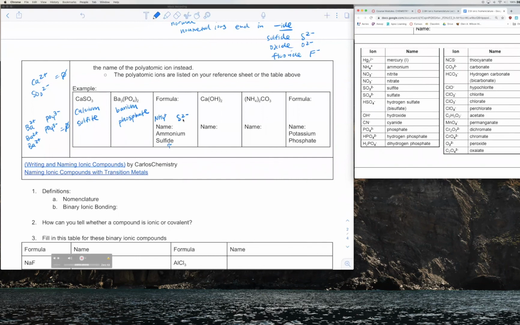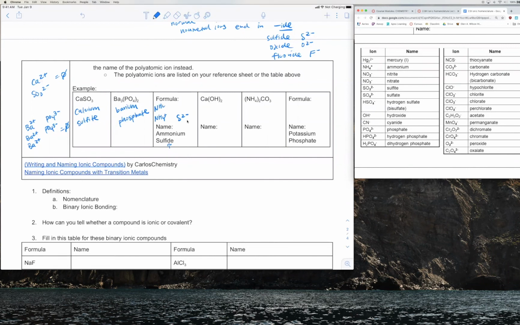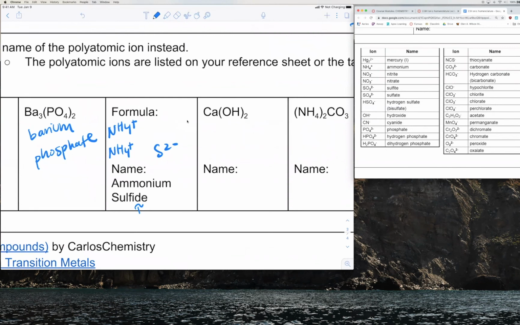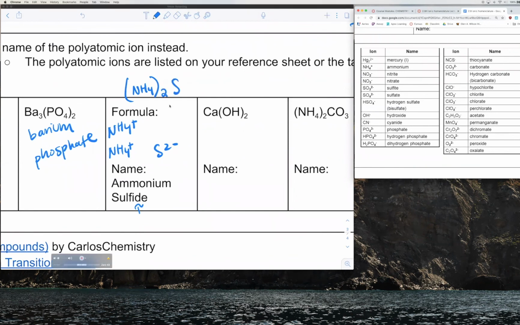Right now this balances out to -1, so you would need another ammonium. Your overall formula would be, let me write it right here, NH4 twice, S, because you have 2 ammoniums and 1 sulfur.